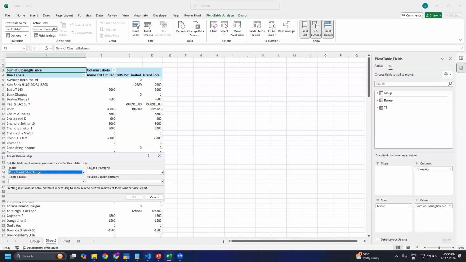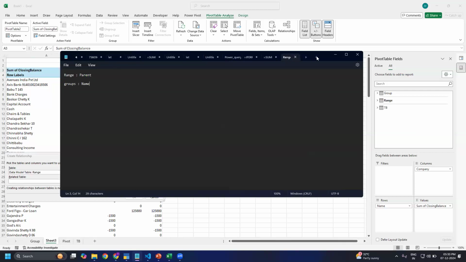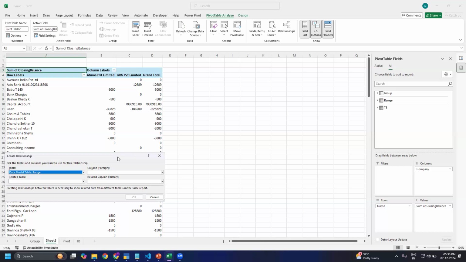In range, I have to select the parent column. And here in groups, we have to select name.